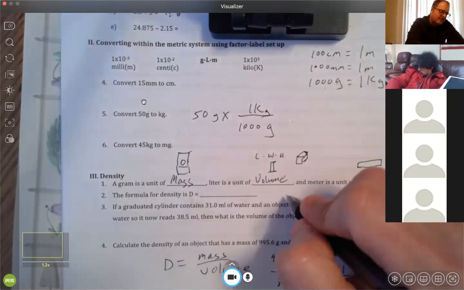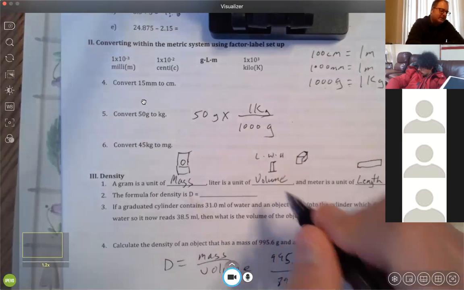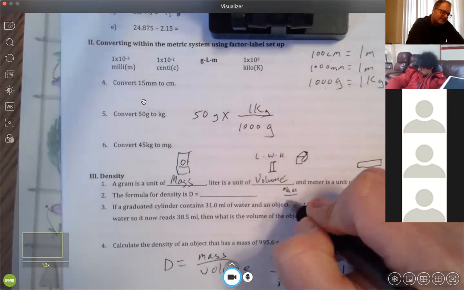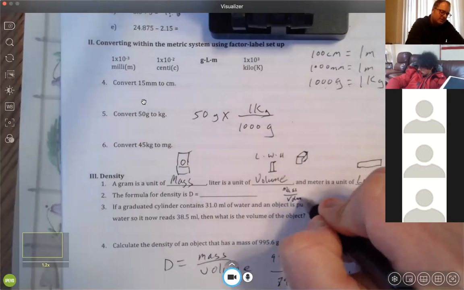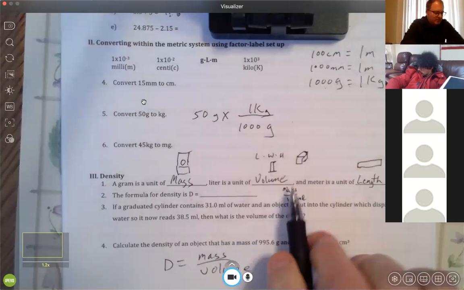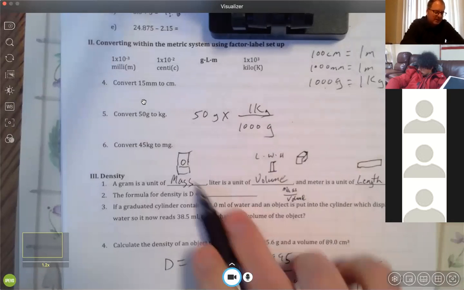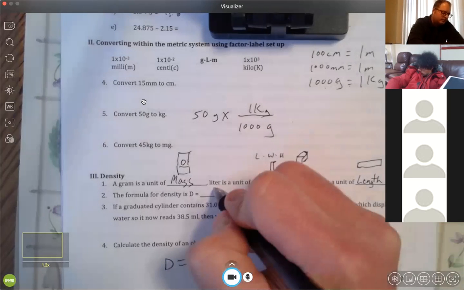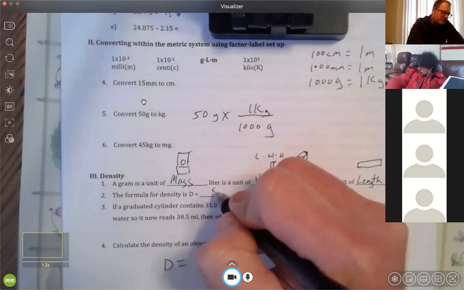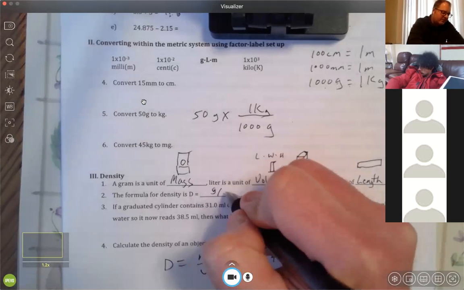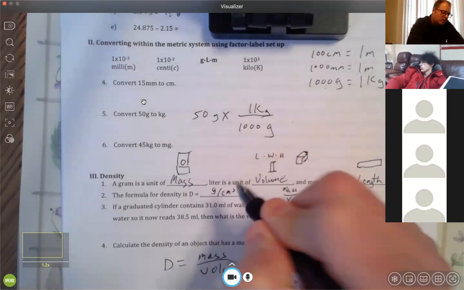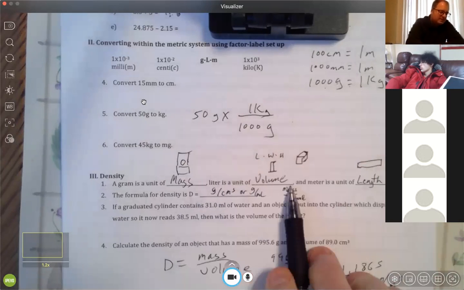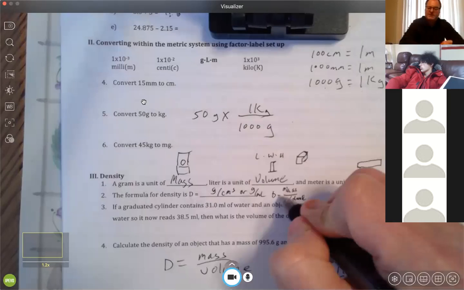So in order to find the amount of particles per unit space for something, we need a little thing called a formula, mass over volume. So you need to calculate the mass or get the mass. You need to calculate or get the volume. That allows you to get density. The units for density would be grams over centimeters cubed or grams over milliliters. But the formula is density equals mass divided by volume.